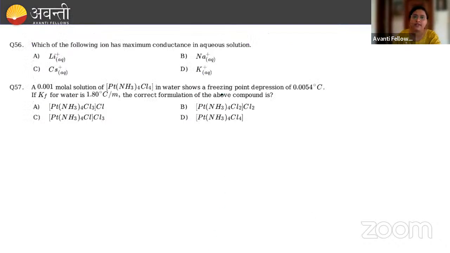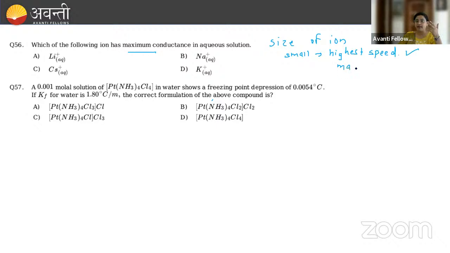Question 56. Which of the following has maximum conductance in aqueous solution? So we need maximum conductance. When we talk about conductance, we mostly talk about the size of the ions present. If the size of the ion is small, it has the highest speed in a solution, and since it has the highest speed, it shows maximum conductance.